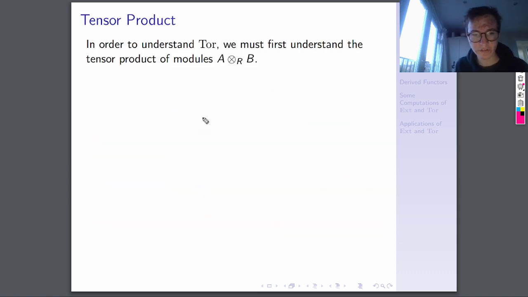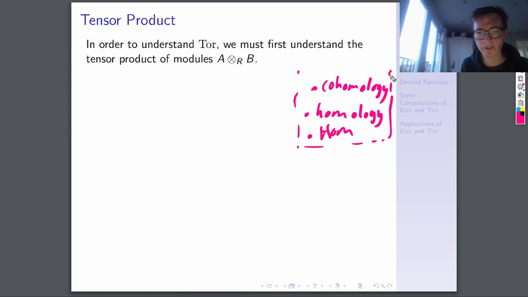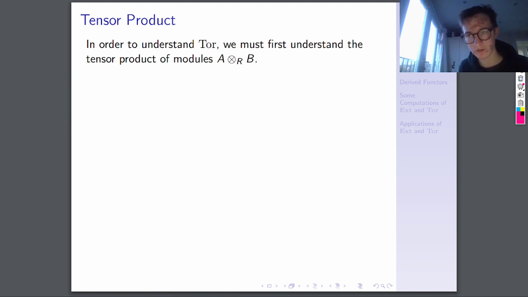Just to recap the ingredients, we've done cohomology, homology, and we've done the Hom functor now. So these are the ingredients that we've covered so far, and we've got 3 left. We've got tensor product and injective and projective modules.